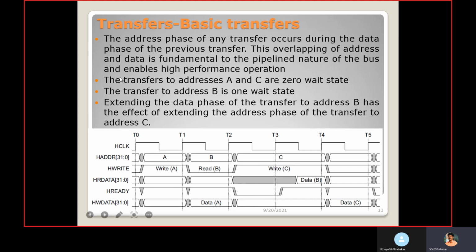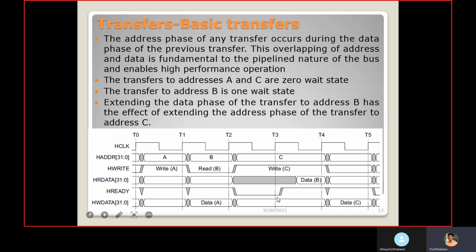That's given here. The address phase of any transfer occurs during the data phase of the previous transfer. This overlapping of address and data is fundamental to the pipeline nature of the bus and enables high performance operation. The transfers to addresses A and C are zero wait state. The transfer of address B has one wait state.